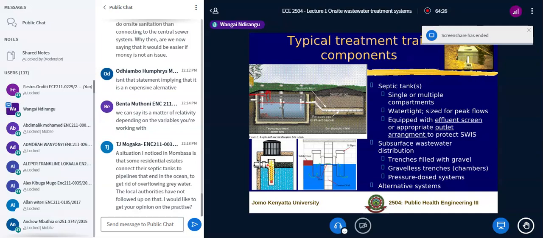These gases will go up the pipe. And where does the pipe come from? The pipe has come from your toilet. So it means that the gases go back inside the house.